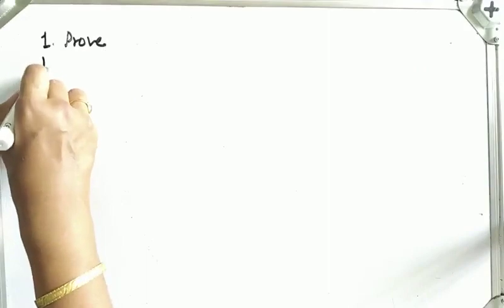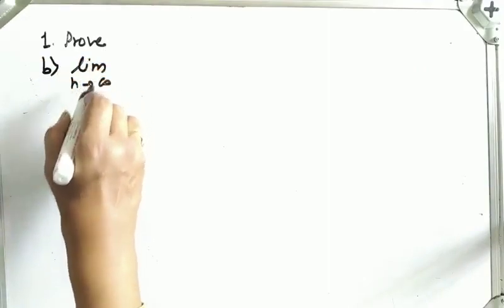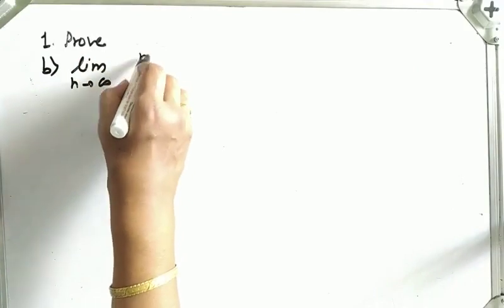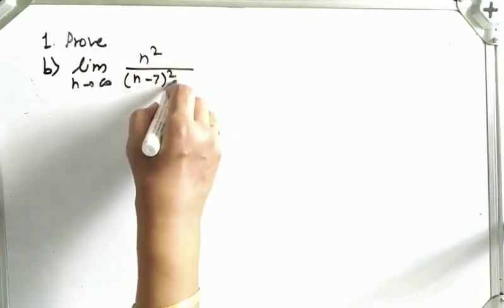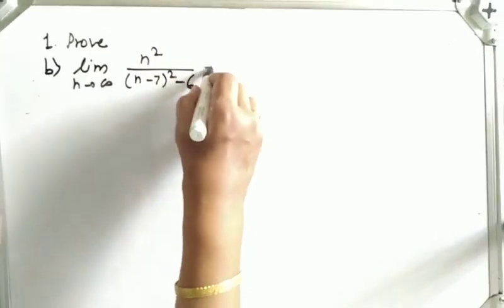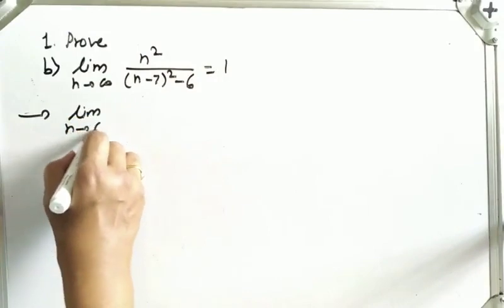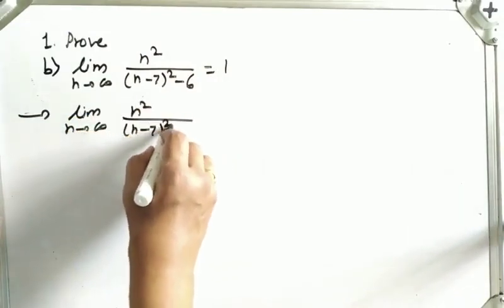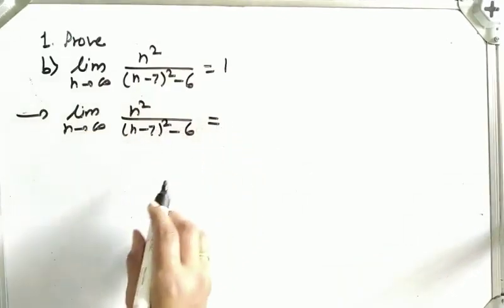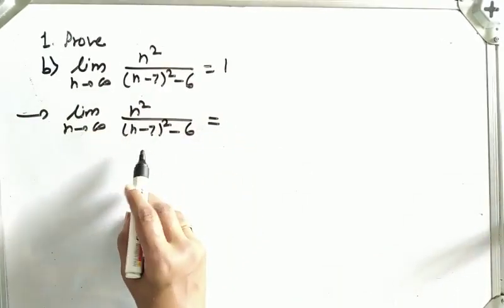The next question, B. Limit n tends to infinity n square upon (n minus 7) bracket square minus 6 is equal to 1. So for the left hand side, first we will expand this bracket (n minus 7) square.